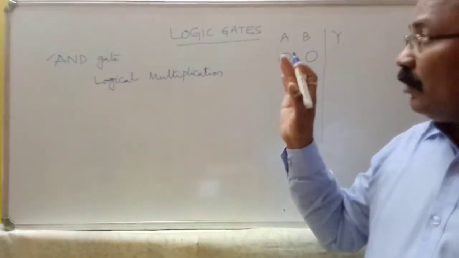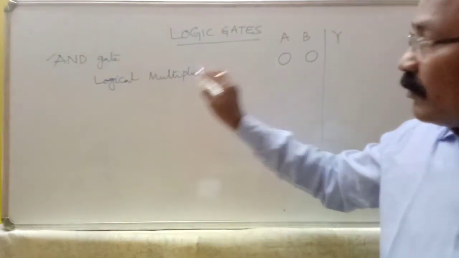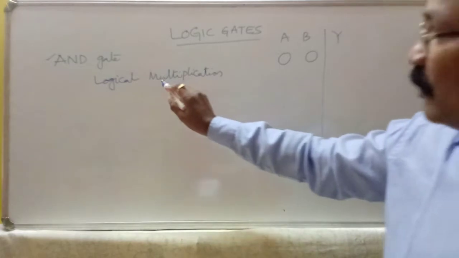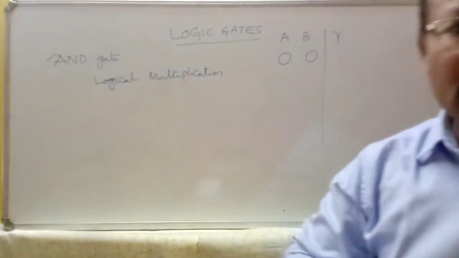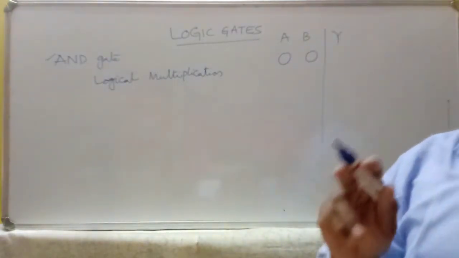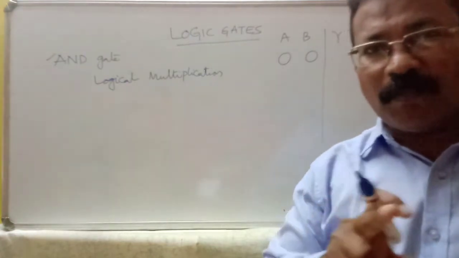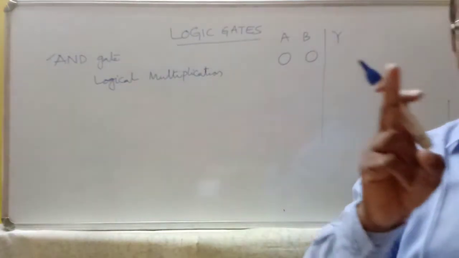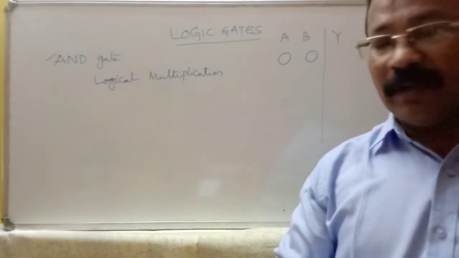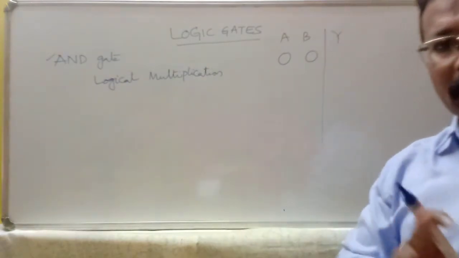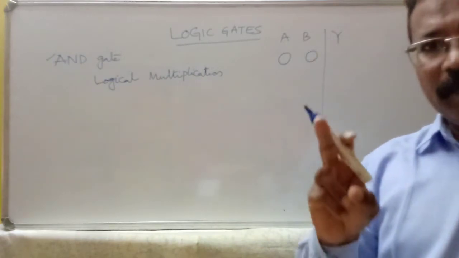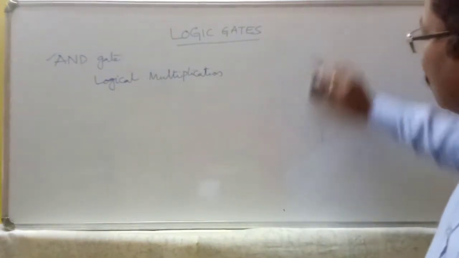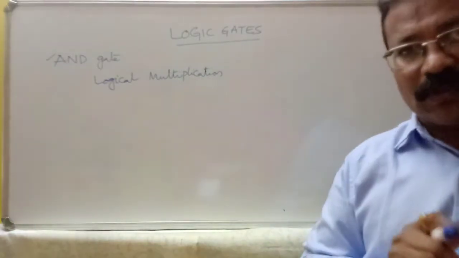To perform this multiplication operation, the AND gate is used. This AND gate consists of two or more inputs and having only one output. Now we want to discuss the multiplication rules.